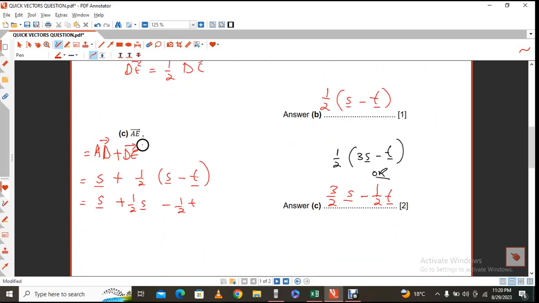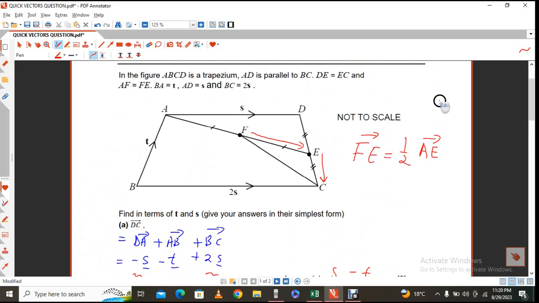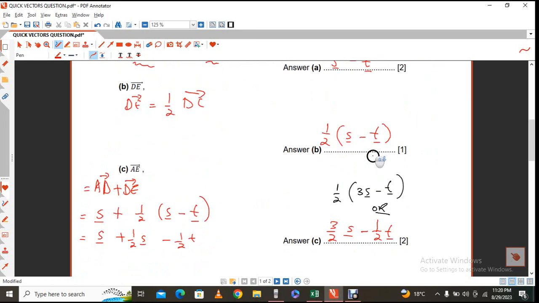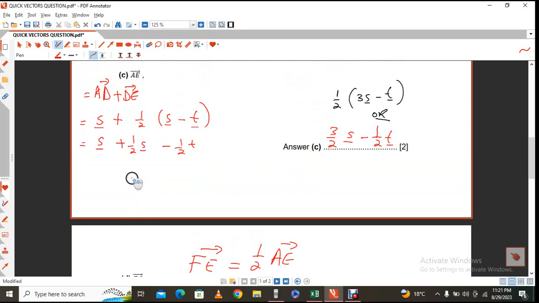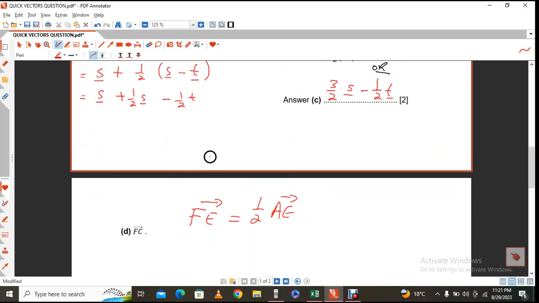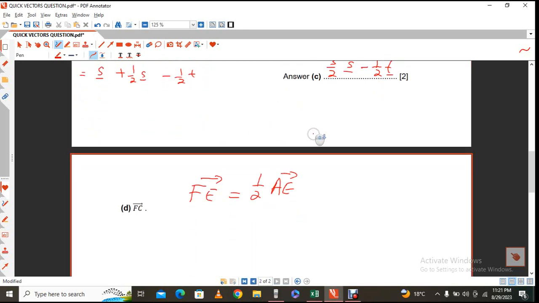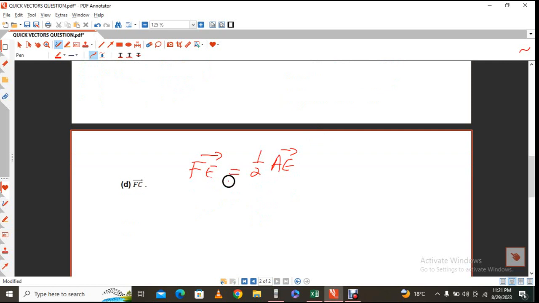So we now definitely can say FE will be half of AE, so FE is equal to a half of AE, which we know from our previous answer. So maybe if I just calculate FE, because this is going to help us immensely.